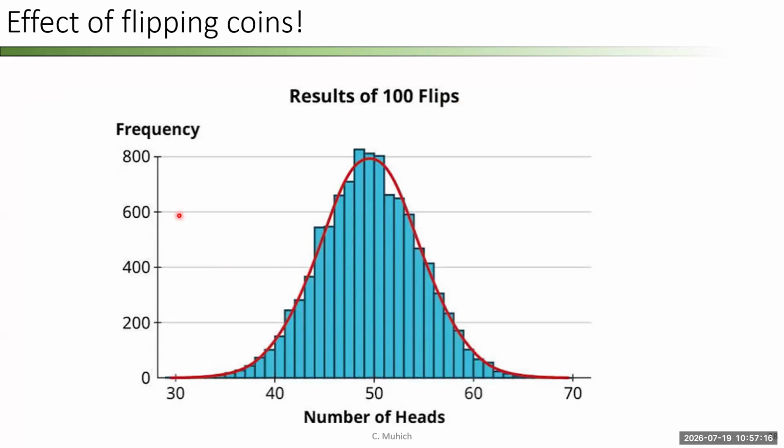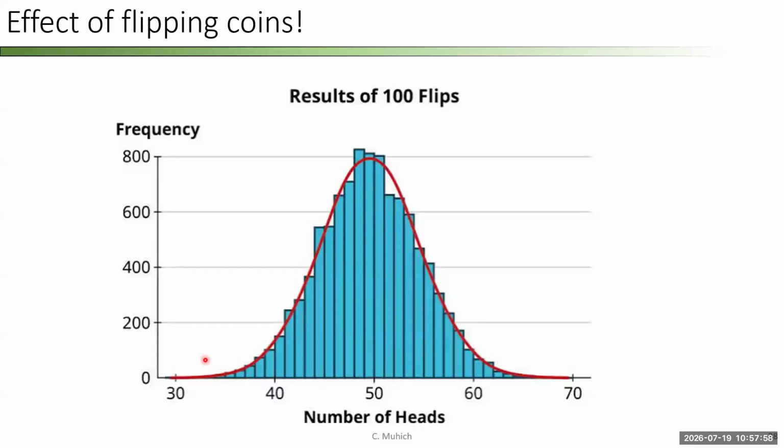If I flip 100 coins 10,000 times, and I count how many heads I get each time, what you'll see is this histogram, right? Where in general, we have about 50 heads, but it's not always 50 heads. We have what's called a normal curve or a normal distribution, and that's just due to randomness within the sample we're taking.